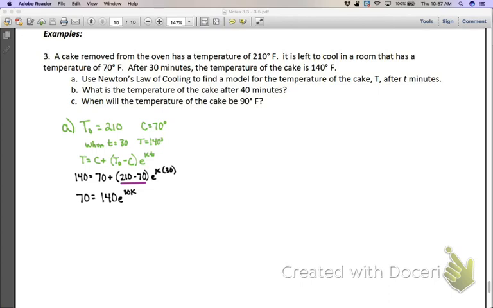I'm trying to solve for K, so I'm going to divide by 140. So I have 1/2 equals e to the 30K power.